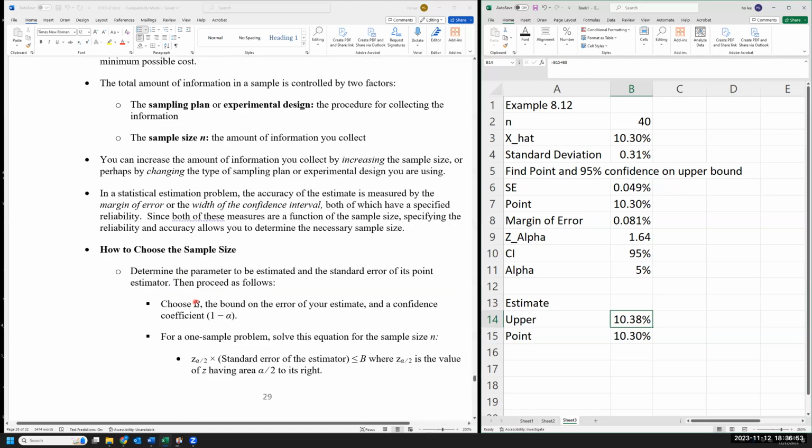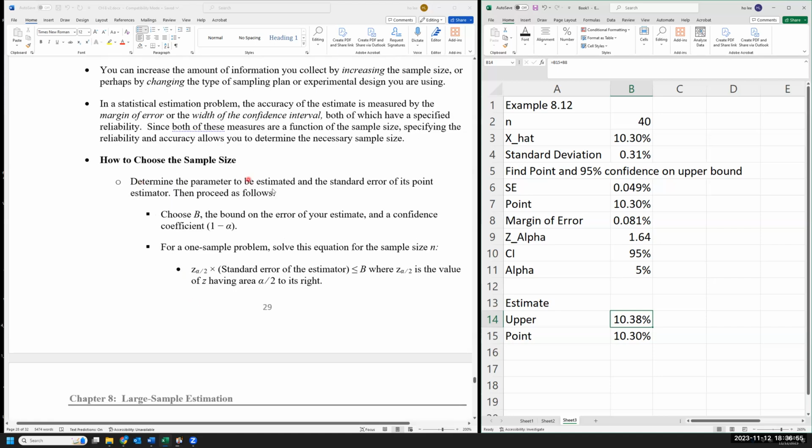All right. So how to choose the sample size? Determine the parameter to be estimated and the standard error of its point estimator. Then proceed as follows. So first determine the parameter to be estimated, whether it's a sample mean, the population mean, population proportion, or the difference in the means from two populations, or the difference in the proportions of two populations, okay?